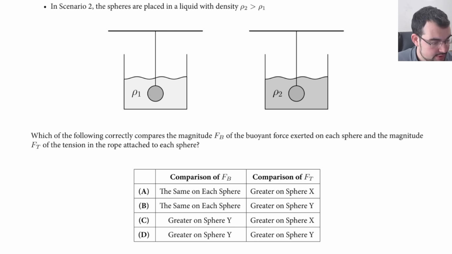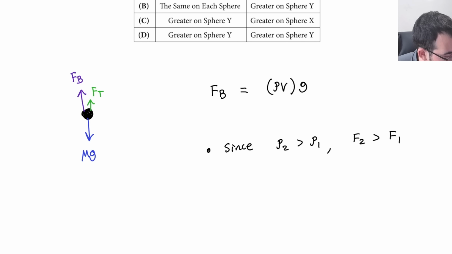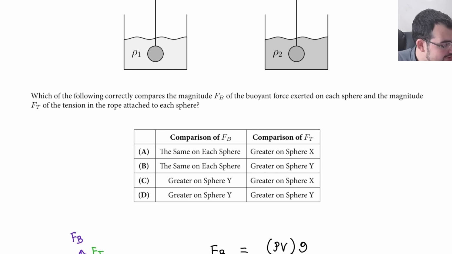So since rho 2 is larger than rho 1, F2 is larger than F1. Because I'm displacing the same amount of liquid in each case, except this is more dense liquid, so I have a higher buoyant force. So I must need less tension to compensate on y.